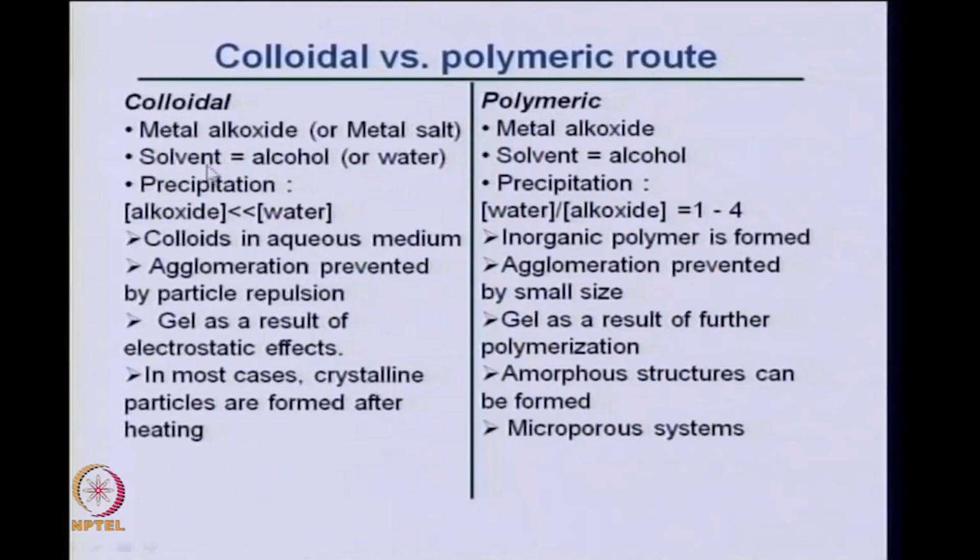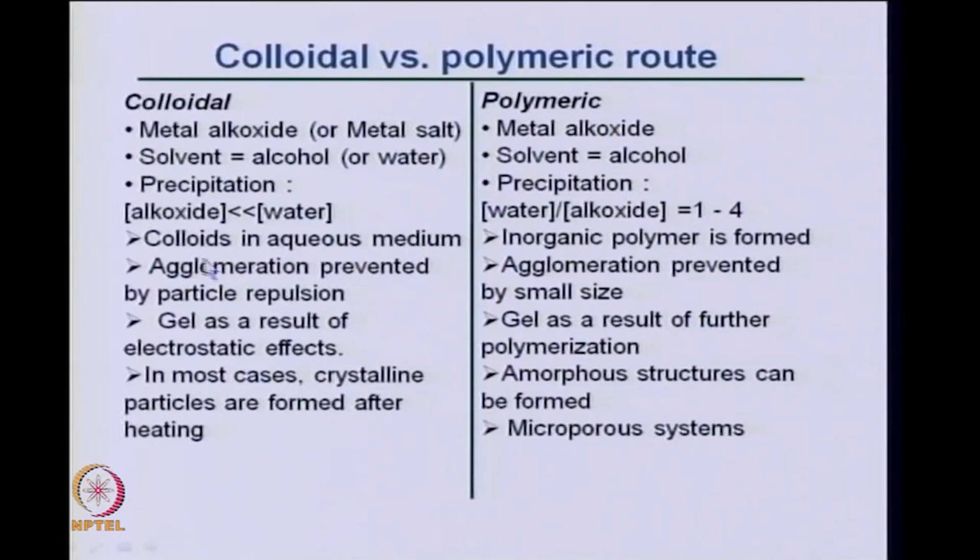So, in the colloidal route you start with metal oxide and the solvent is alcohol, and you do precipitation, and in this colloidal route the alkoxide concentration is very less compared to the water, whereas in the polymeric route you do this kind of reaction in a system where the alkoxide is much larger than the amount of water, nearly 2 to 4 times larger than the quantity of water. Here in the colloidal route, the concentration of alkoxide is much less than that in water.